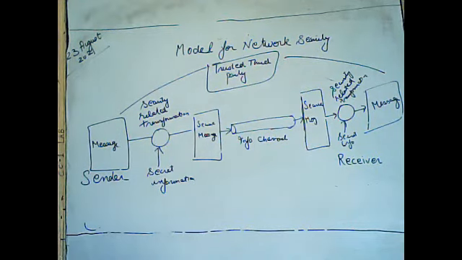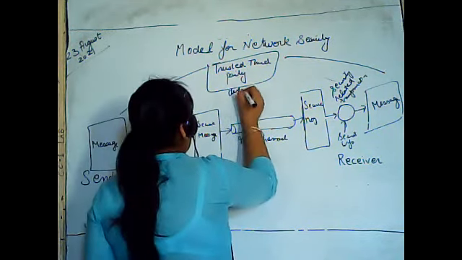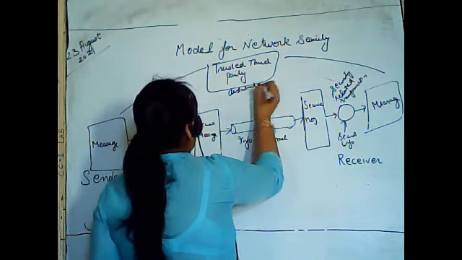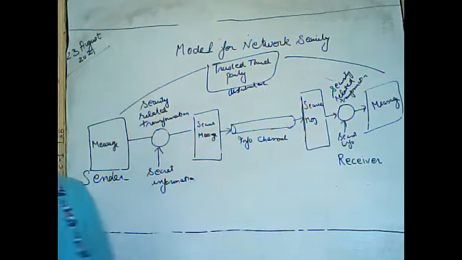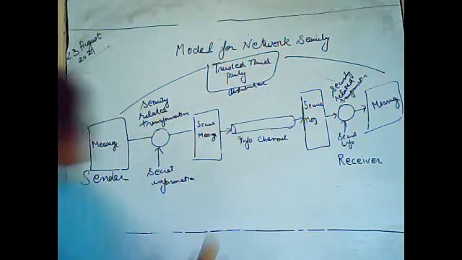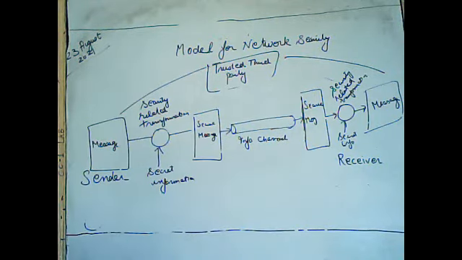A trusted third party could be a distributor of your secret information, or it could be an administrator of your information. So we can refer to it like that, just monitoring whatever is being transferred. Is it clear?